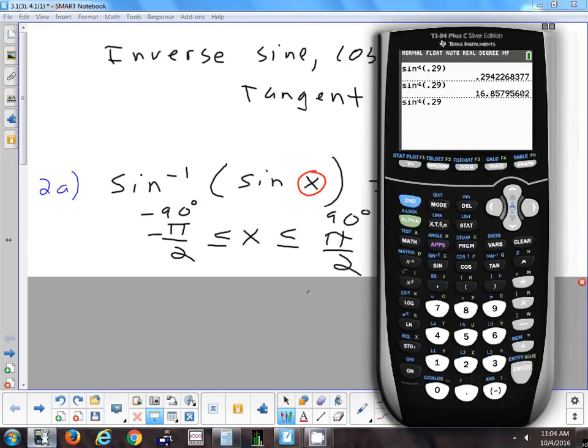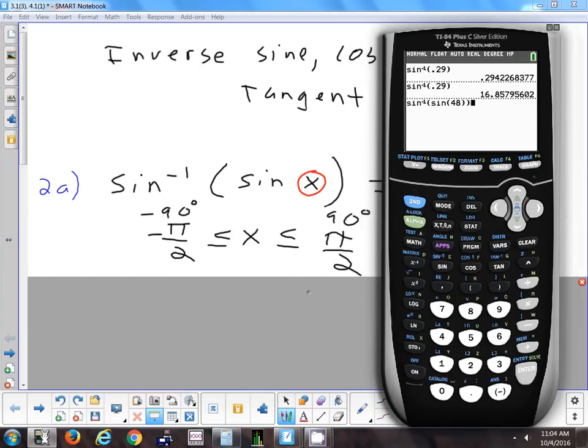Let me type in the inverse sine of the sine of, and I'll pick a number between negative 90 and 90, 48. Now, when I hit enter, because I picked a value between the two that I said you had to be between, the inverse sine and the regular sine will cancel.